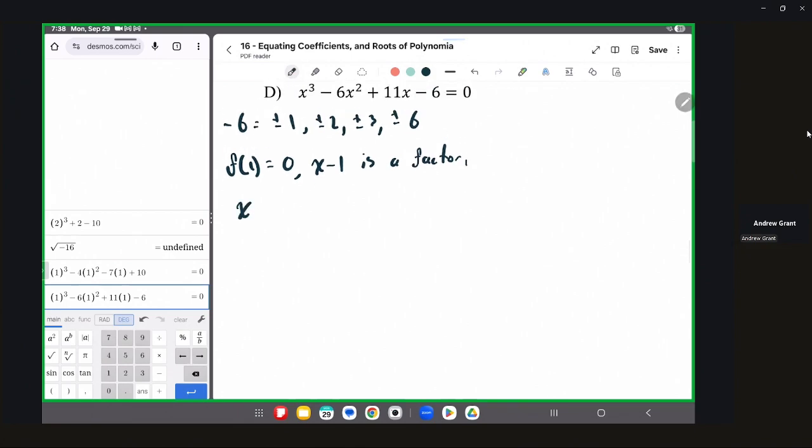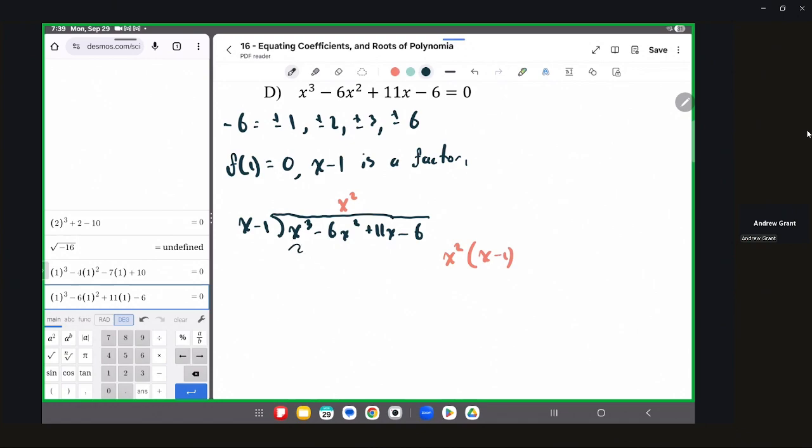So if I take x minus 1, and divide it into x to the power of 3 minus 6x squared plus 11x minus 6. x goes into x cubed, x squared times. So on this line, I can take x squared times x minus 1.